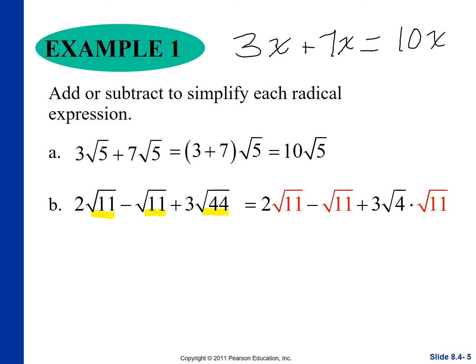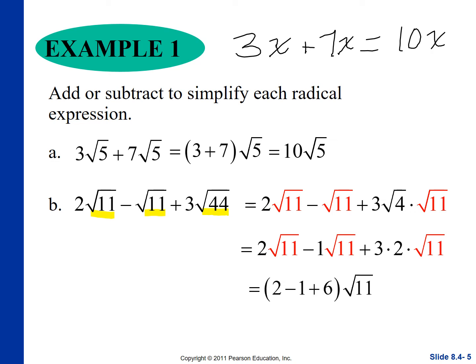So we have 2 square root of 11 minus square root of 11 plus 3 times the square root of 4 times the square root of 11. That's 2 square root of 11 minus 1 square root of 11 plus 3 times 2 times the square root of 11. So 2 minus 1 plus 6 times the square root of 11, which is 7 times the square root of 11.